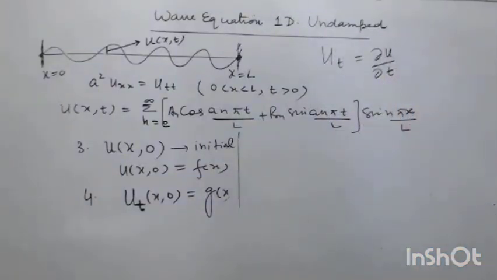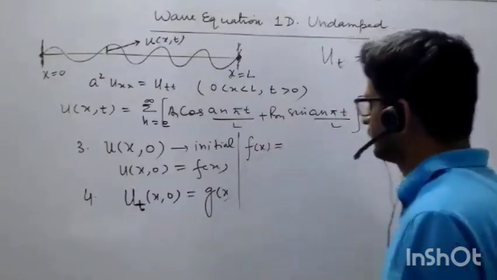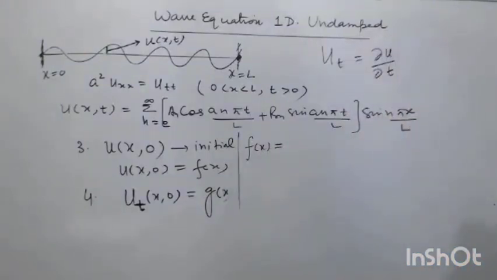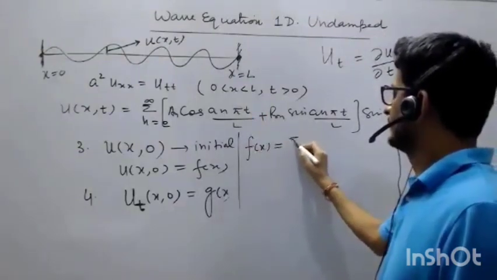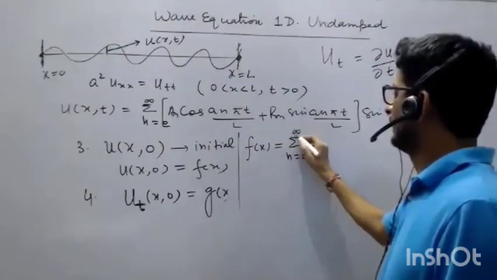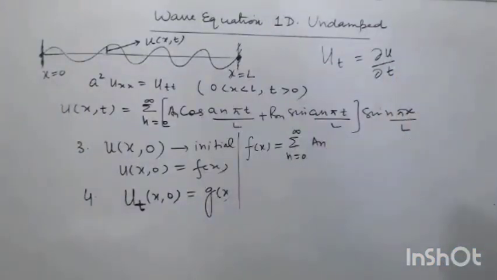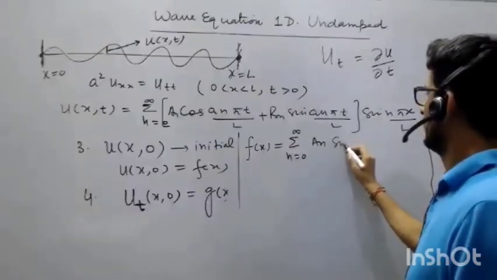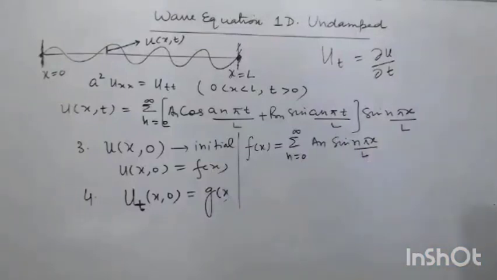The value of u of x comma 0, that is f of x, is equal to, if you put t is equal to 0, what will happen? It will become summation n is equal to 0 to infinity an sin n pi x by l. Correct? This is the value of f of x.